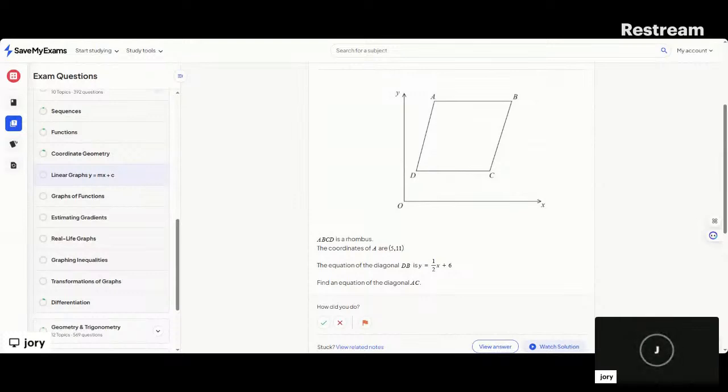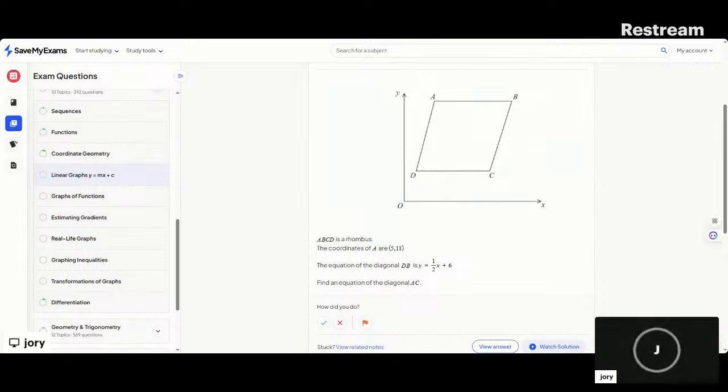Okay, I have the coordinates of A. So 11 equals -2 times 5 plus C, which is -10 plus C. It's 11, so C equals 21.